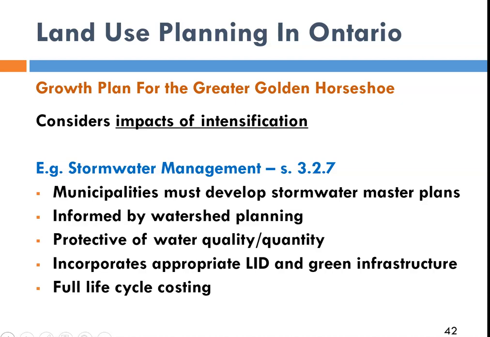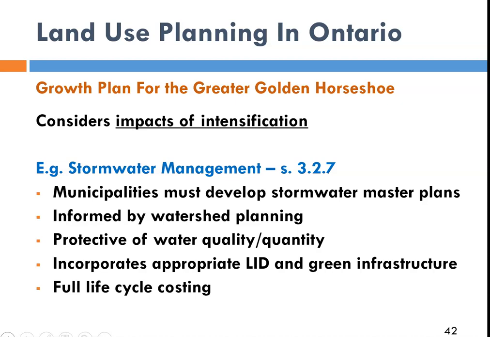So it's making some suggestions, some general guidance to municipalities that they must be developing some stormwater master plans. How are we going to be implementing stormwater management? How are we going to be continuing to maintain the systems that we do develop? There is some very specific guidance in there about ensuring that it works back up to the watershed level.